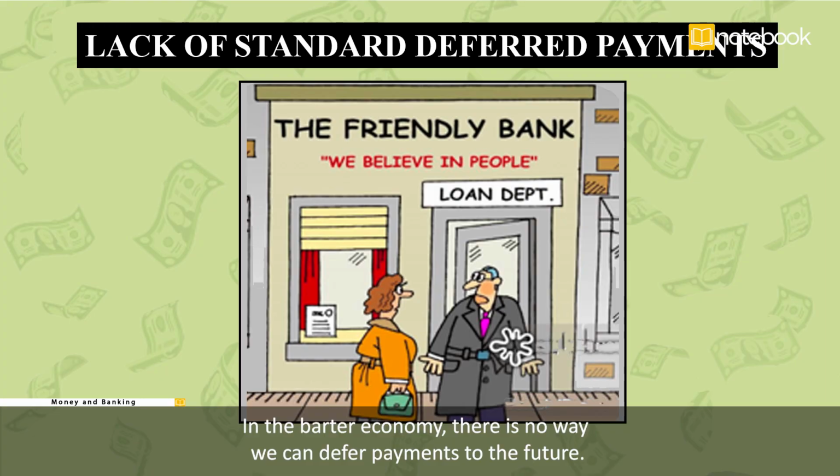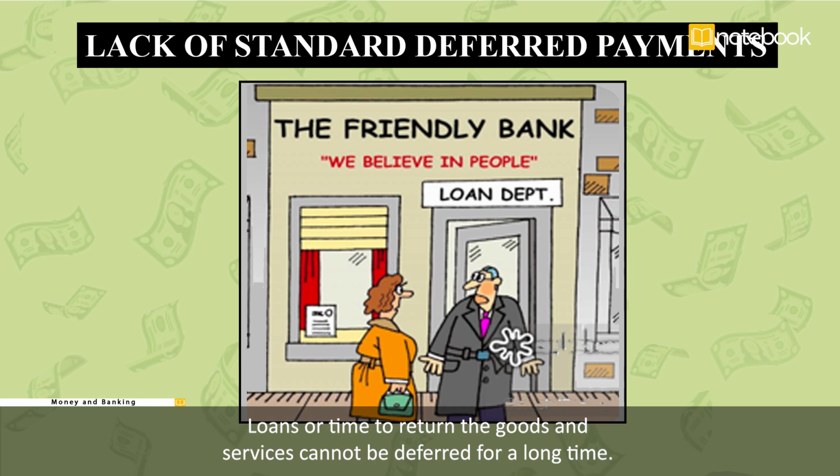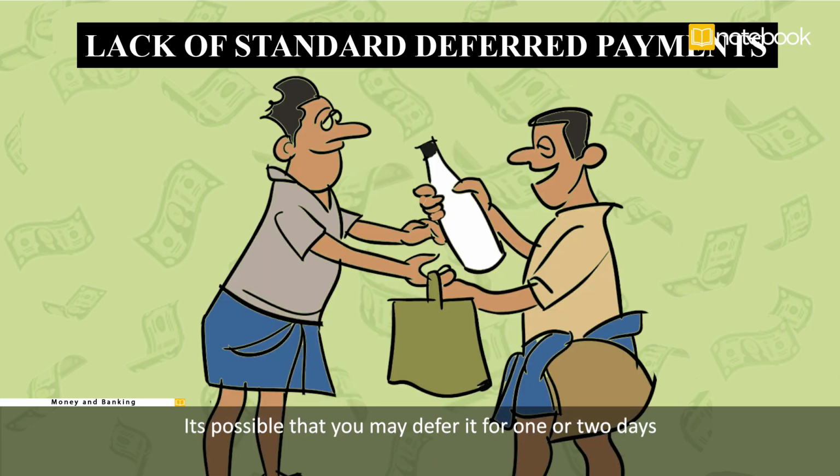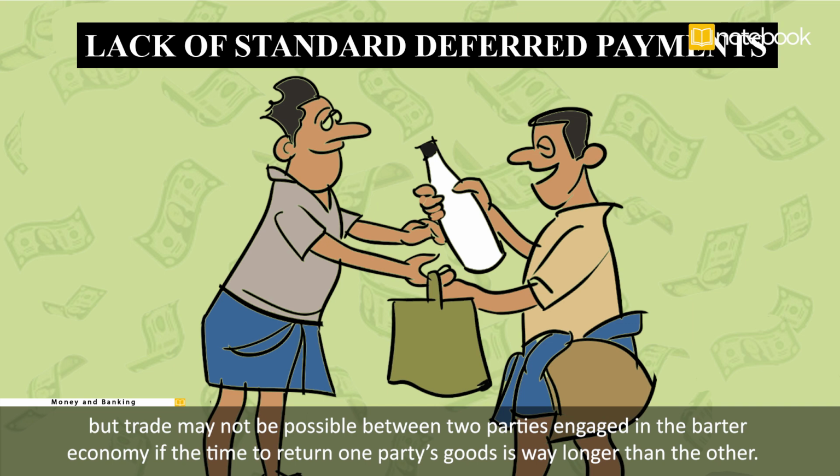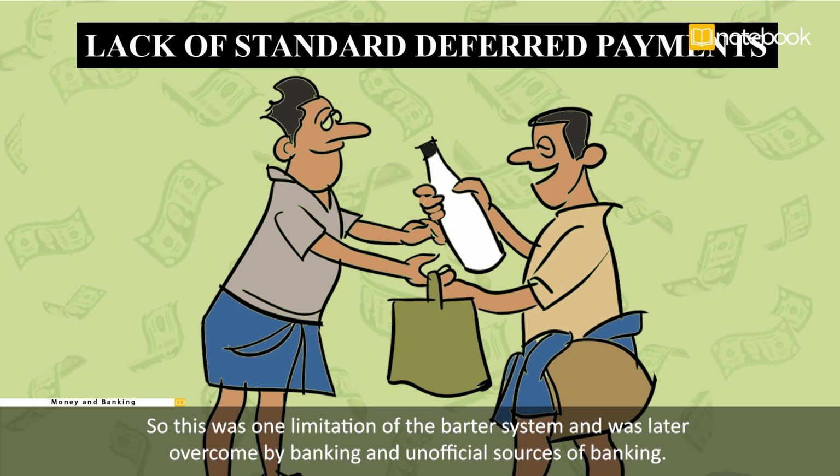In the barter economy, there is no way we can defer payments to the future. Loans or time to return the goods and services cannot be deferred for a long time. It's possible that you may defer it for 1 or 2 days, but trade may not be possible between two parties engaged in the barter economy if the time to return one party's goods is way longer than the other. So, this was one limitation of the barter system and was later overcome by banking and unofficial sources of banking.